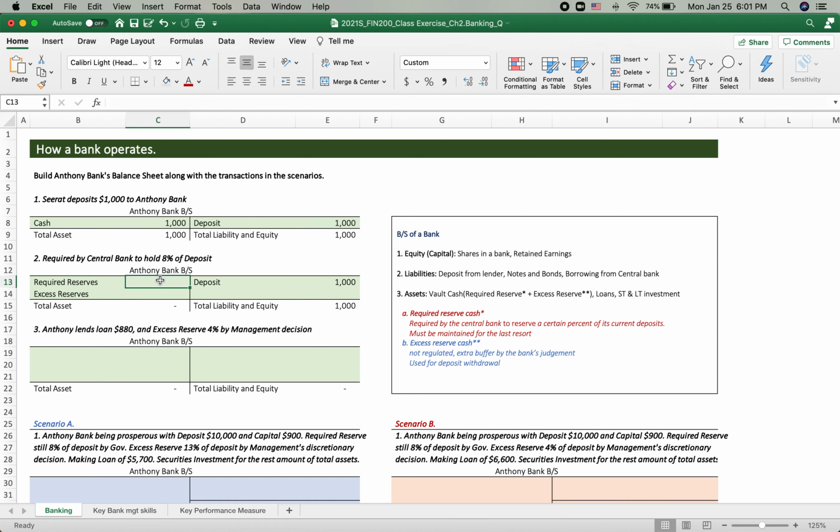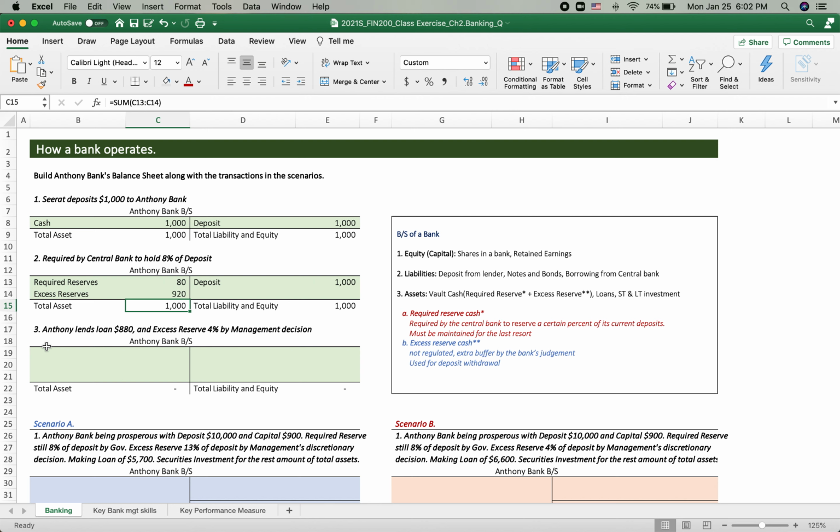Required reserve is required by the central bank to hold 8% of deposit for the last resort. So 8% times 1,000. So the rest amount is automatically 1,000 minus 80, the required reserve. So 920 is excess reserve, with which this bank can decide to make a loan or some investment.